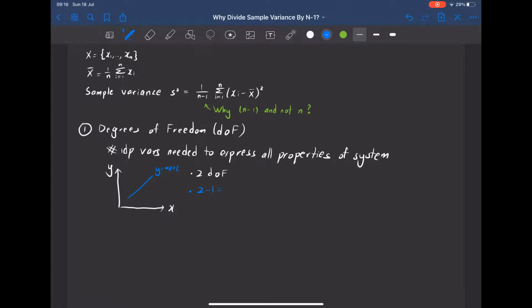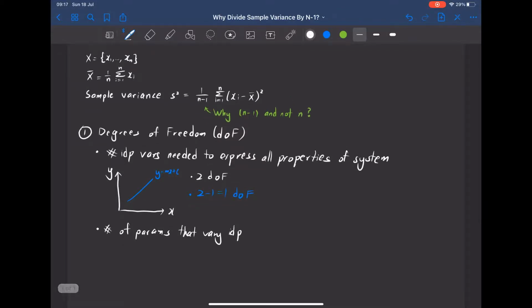So in this case, there is 2 minus 1 equals 1 degrees of freedom. So we note that the constraint reduces the number of degrees of freedom. Okay, for completeness, in statistics, the degrees of freedom is the number of parameters that may vary independently.